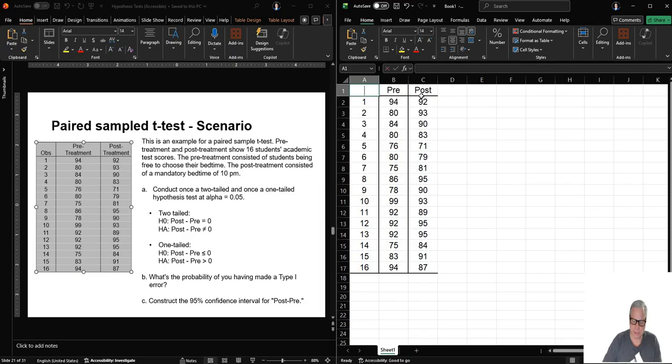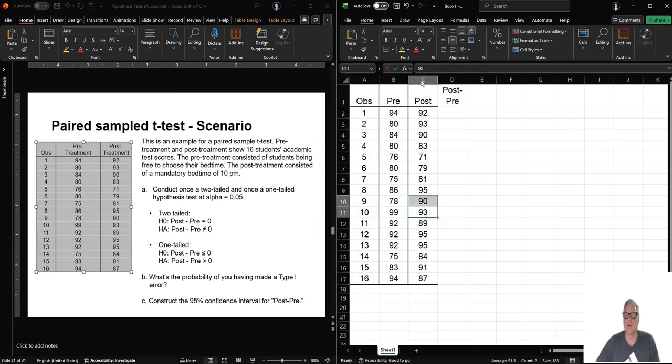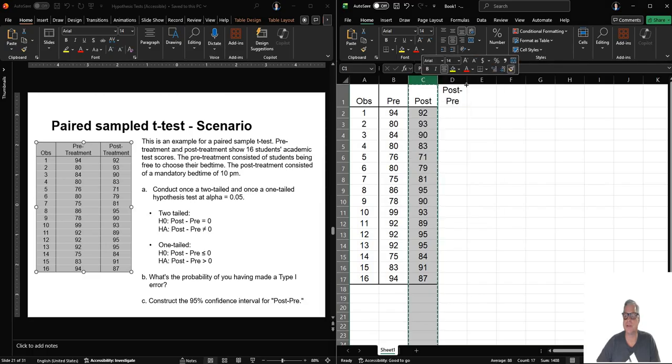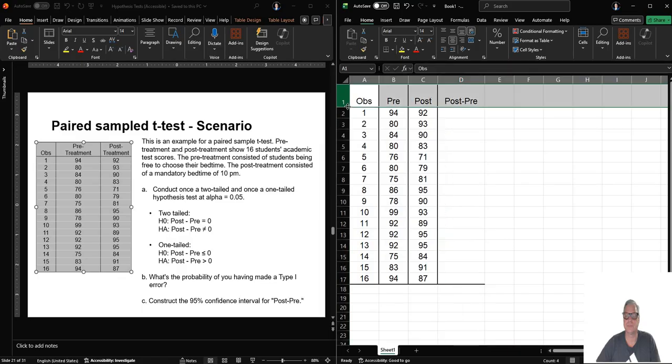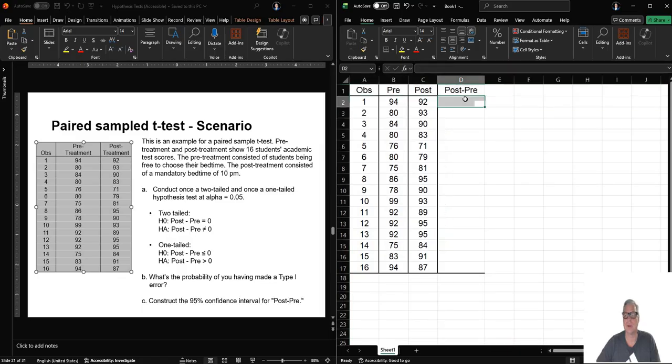In the first column we have the observation, and then I create a new column and calculate the difference, post minus pre. Let me give that the same format. So we subtract the pre from the post.